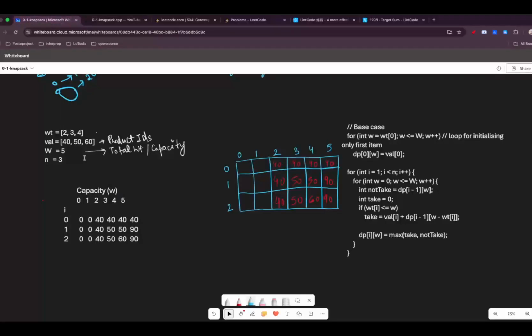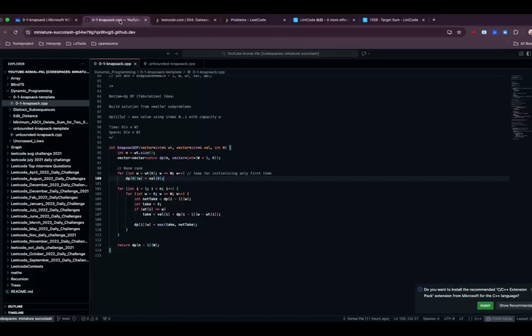Fine. But next we start from weight of 0. Here our weight of 0 is 2 and its value is 40. So next we started from that weight of 0 and went till the maximum capacity, and we assigned dp of 0 with the value of 0.